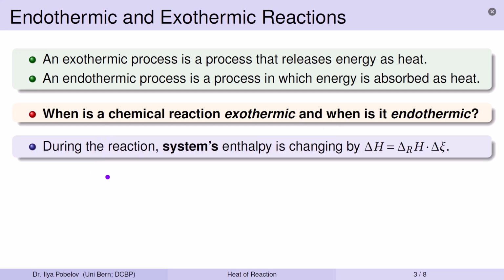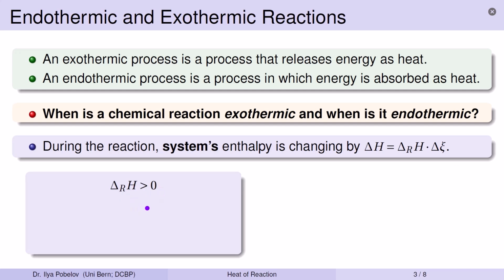As the chemical reaction progresses, the system's enthalpy changes. This change is equal to the reaction enthalpy multiplied by the change in the extent of reaction. If the reaction enthalpy is positive, the enthalpy of the system increases in the course of a reaction. According to the first law of thermodynamics, this change of energy cannot come from nowhere.